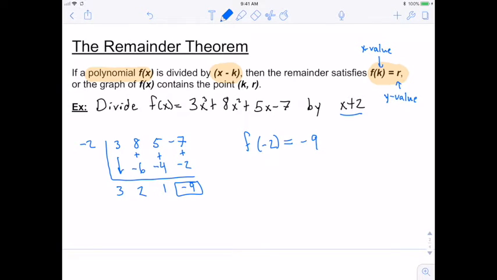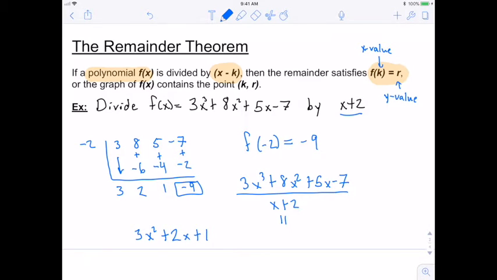So this should be 3x cubed plus 8x squared plus 5x minus 7 divided by x plus 2 is equal to 3x squared plus 2x plus 1 minus 9 divided by x plus 2. Again, remember these numbers match up with the numbers outside of the box.